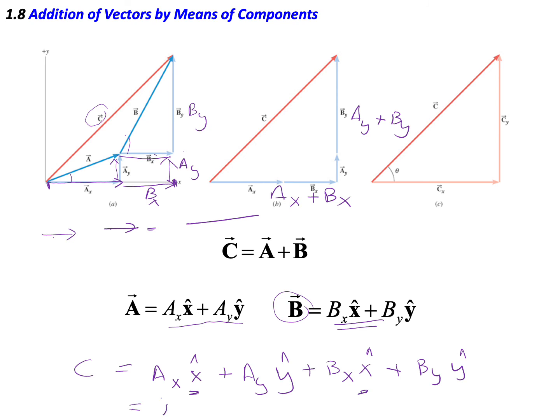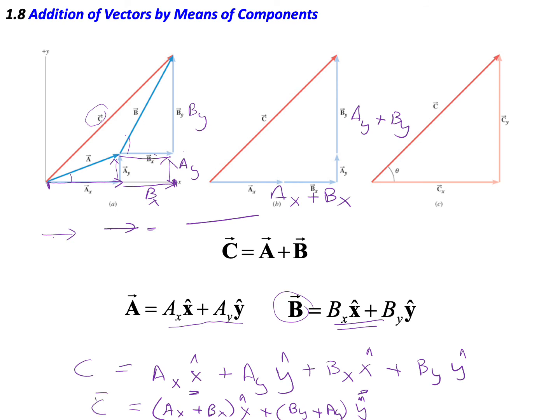Therefore you can write parenthesis AX plus BX, the x component of A and the x component of B, multiplied by the unit vector along x direction, plus AY plus BY times y hat. So the x components of vectors A and B along x direction and the y components of vectors A and B along y, which is equal to vector C.